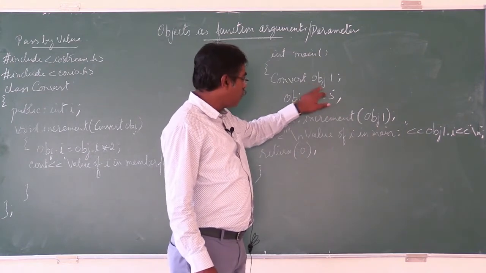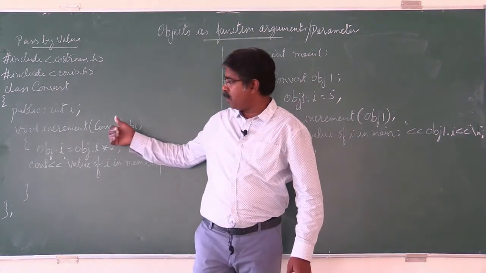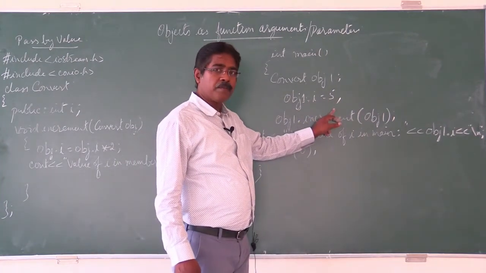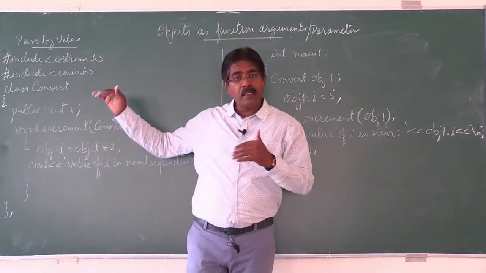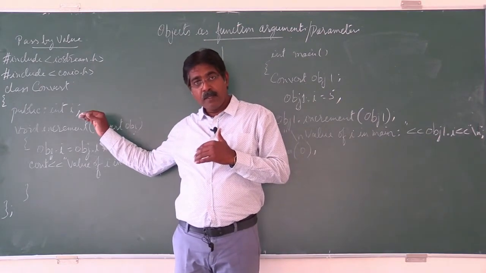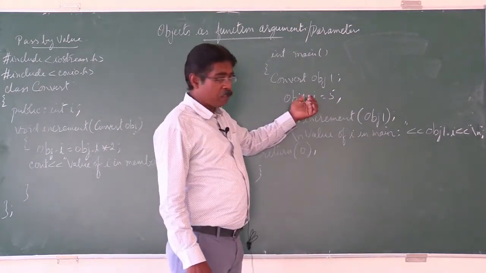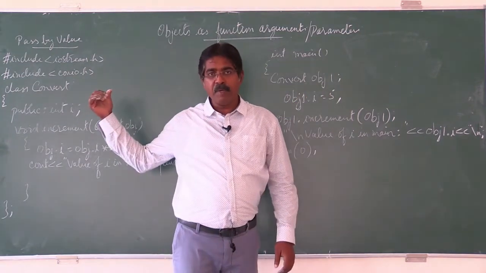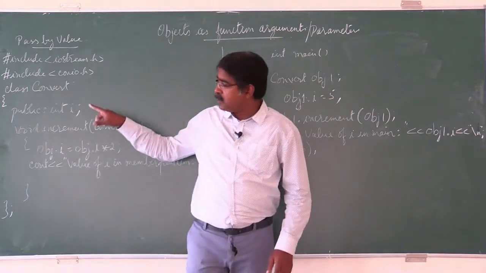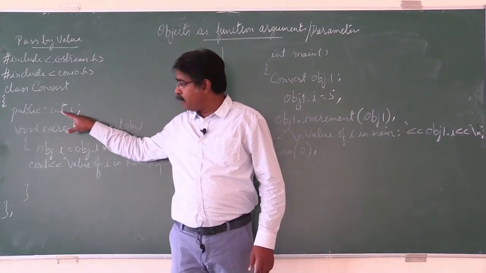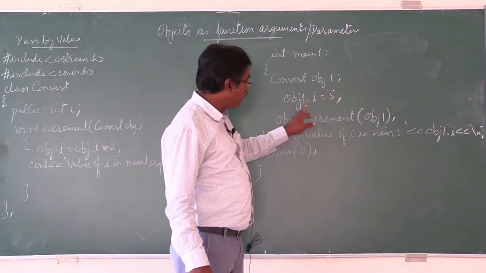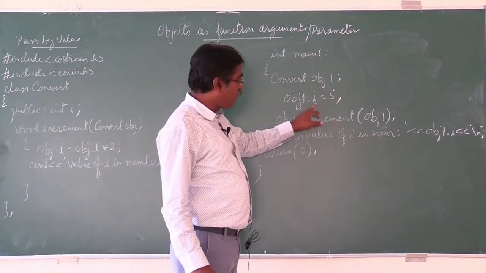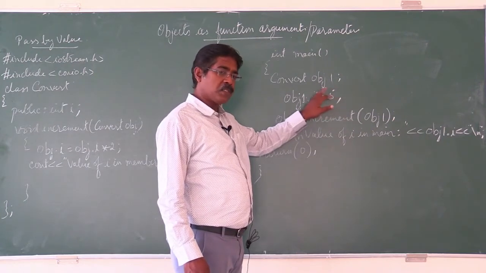So this obj1 is accessing I. So far, all these data members were under private, and the object in main function was not able to access the data member. Now, since this data member is under public, obj1 is accessing it right now. That is, obj1.I equals 5. 5 is getting assigned to I.